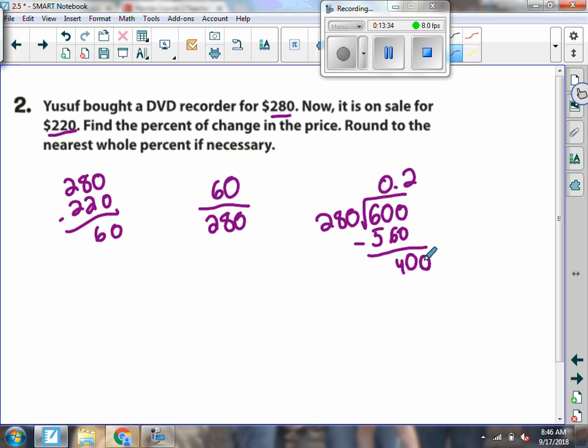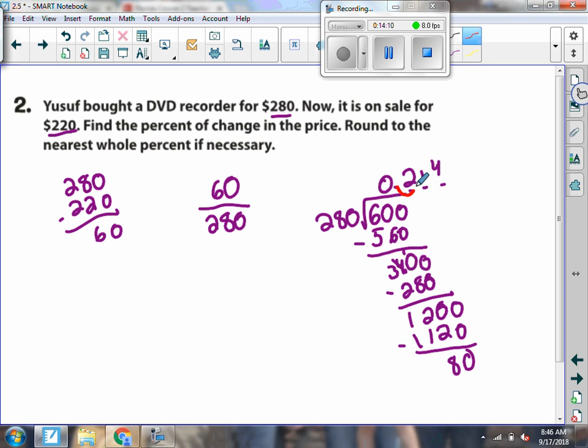I'm going to add another 0. 280 goes into 400 1 time. 0 minus 0 is 0. I have to carry my 1. 10 minus 8 is 2. 3 minus 2 is 1. I have to add another 0. 280 goes into 1200 4 times. That is 1120. Okay. I can stop there because I've got my 3 digits.